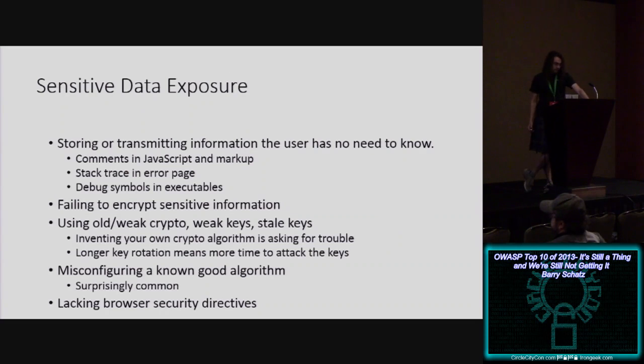But again, encrypting is nice, but if you're using old or weak crypto, or say weak keys, stale keys, if you don't rotate your keys every so often, that means you're still going to be asking for trouble. Old crypto is old for a reason. People stopped using old 56-bit DES for a reason. It's weak. If you rotate your keys sooner, that means that's a shorter period of time for someone to potentially crack and figure out your keys.